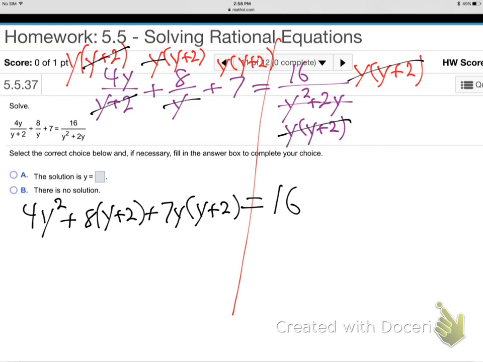So everybody good to there? No more fractions? To there, we good? All right, get rid of the fractions in the first step.